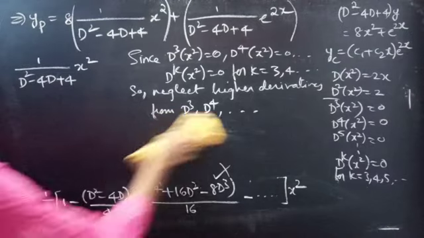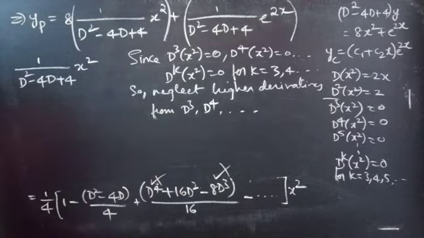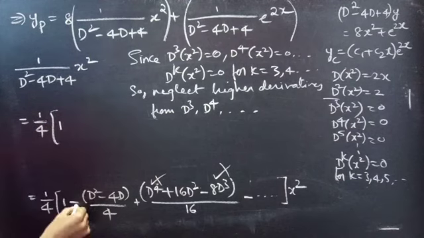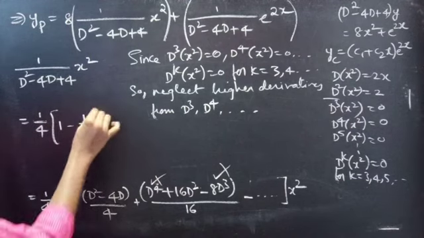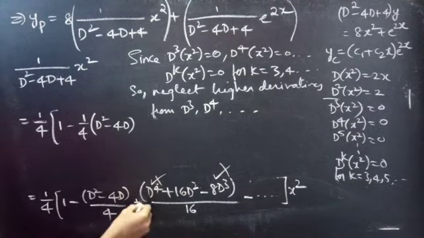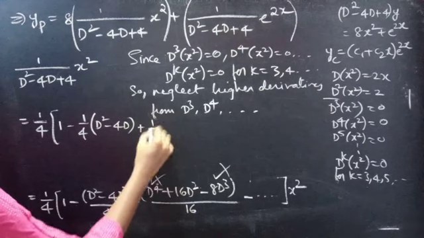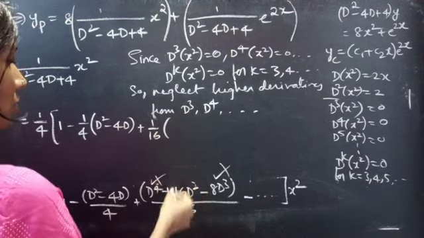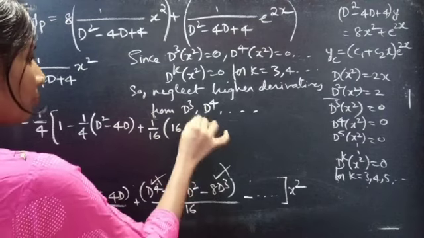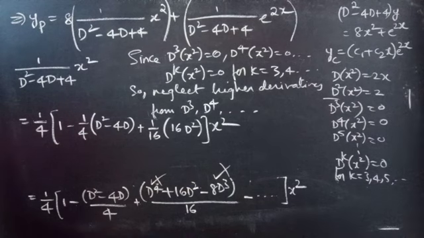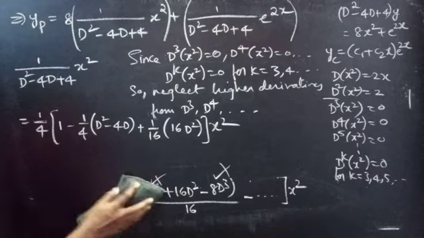Now let's write this term by neglecting higher derivatives. This equals 1 by 4 into 1 minus 1 by 4 into (d square minus 4d) plus 1 by 16 into, by neglecting d power 4 and d cube, we'll just write 16d square into x square. Okay, we have removed all the higher derivatives from d cube, d power 4, d power 5 and so on.